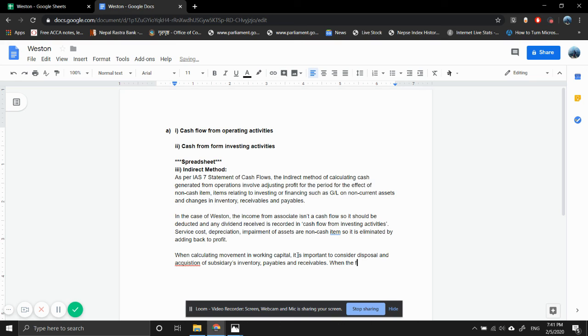When the figures are not adjusted, then it is a distorted figure, as it does not represent cash flows with customers and suppliers.